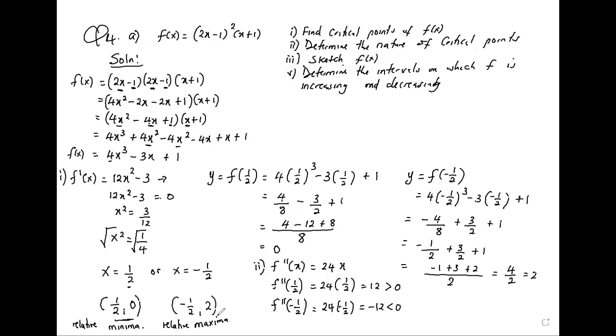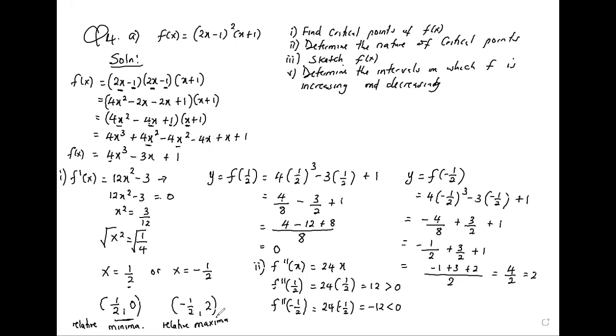So repeat the statement after finding the 12. If the number you get is positive, the point is called the relative minimum. If the number you get is negative, the point is called the relative maximum. So we have determined the nature.